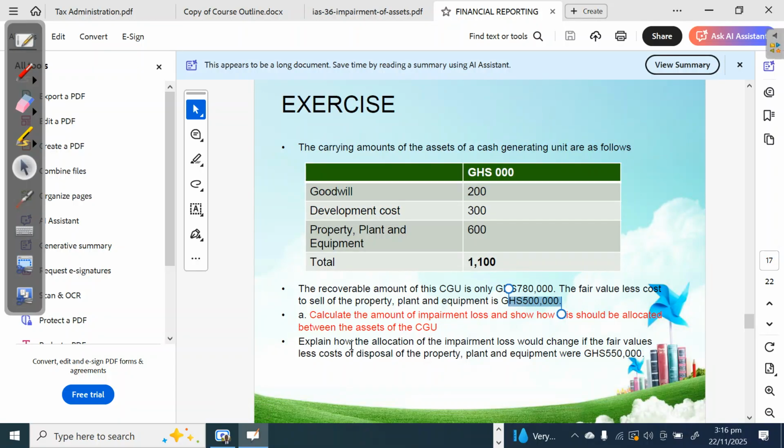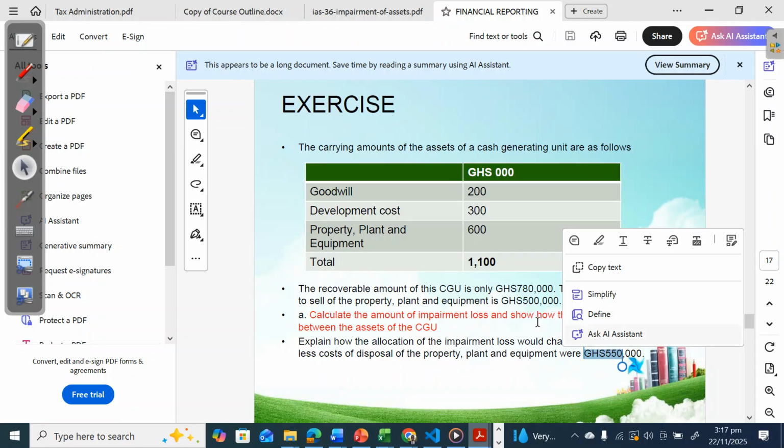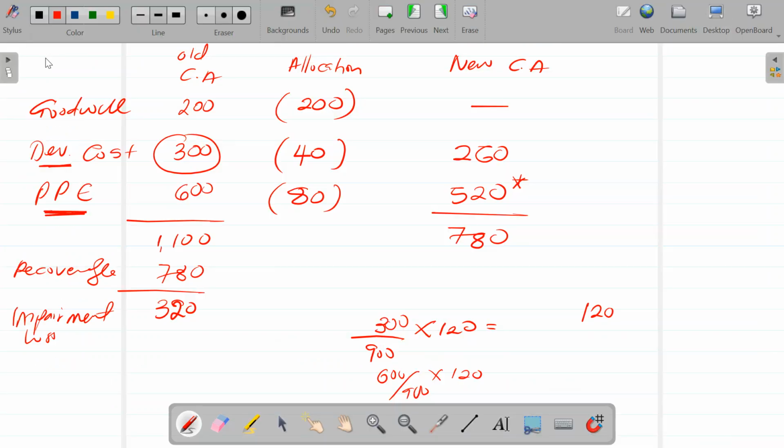Explain how the allocation of the impairment loss would change if the fair value less cost of disposal of the property, plant and equipment were 550,000. Now they are saying that instead of the 500,000, what are we going to do if the fair value of the property is 550?